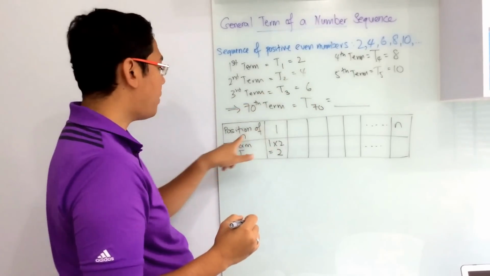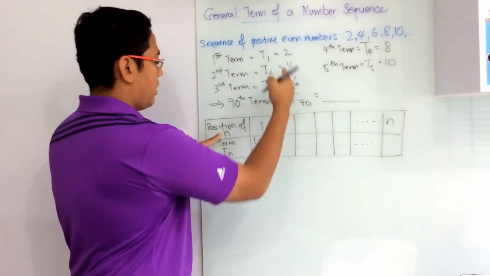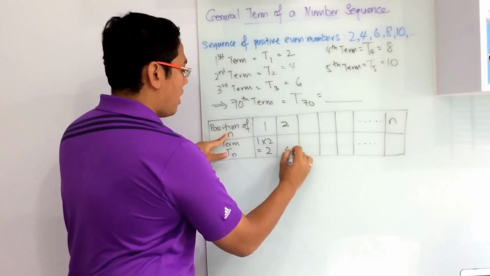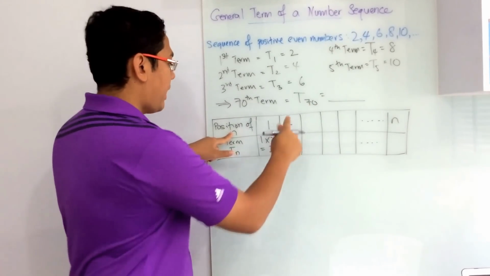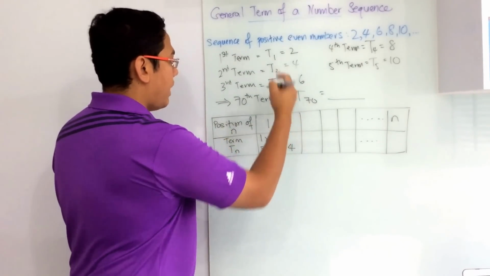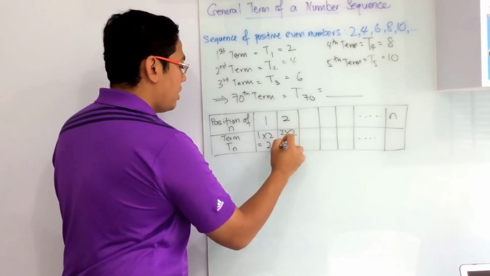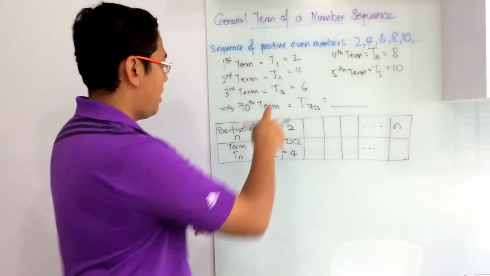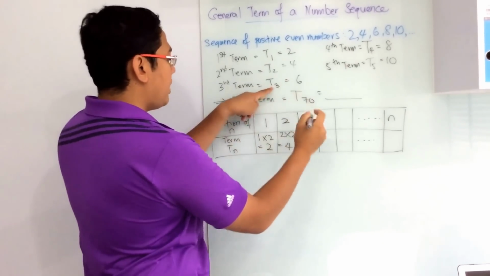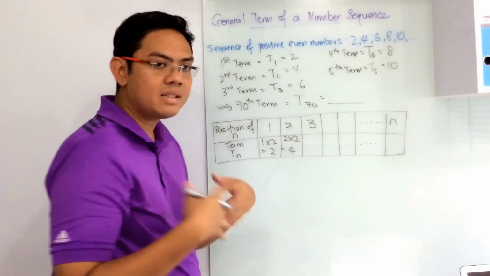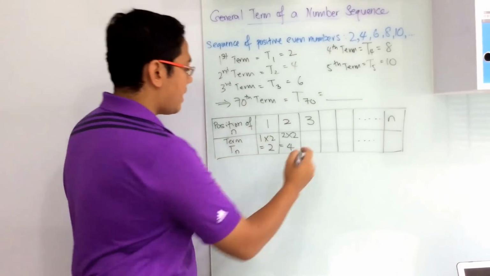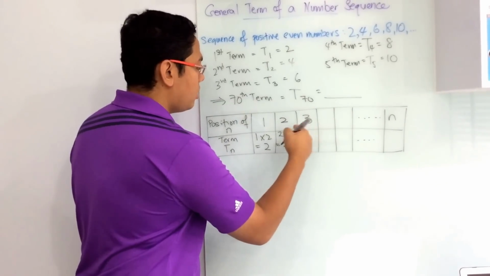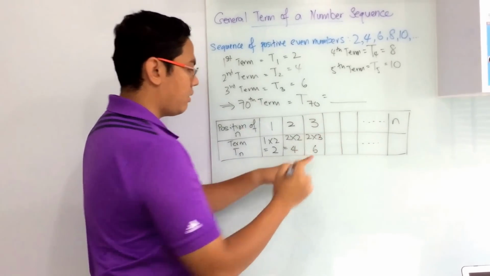How about the position of 2? The answer is 4. How do you get 4? You take 2 multiplied by 2, which gives you 4. The third term, T3, the position of n. If n is equal to 3, how do you get 6? You take 2, multiply by 3, equals 6.